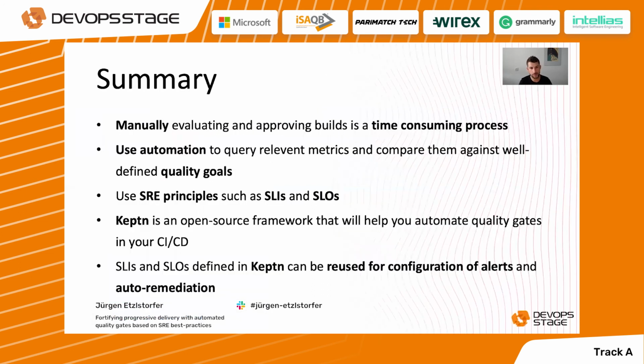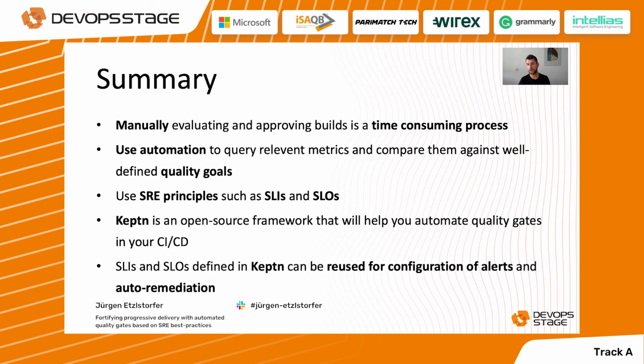So with this, I want to summarize what I was actually talking about in the last 40 minutes. First of all, manually evaluating and approving the builds is a very time-consuming process. We've seen this together, all the different metrics to evaluate, to take a look at what is actually important. It's very time-consuming.